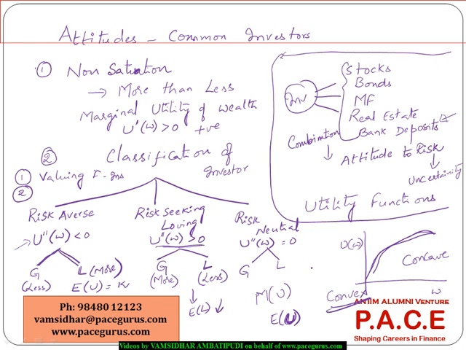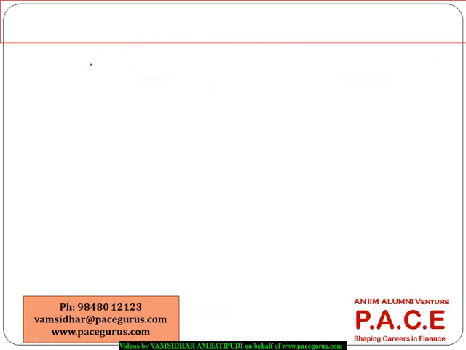So understanding these kinds of common behaviors like non-satiation, and classifying the investor based on his risk appetite or risk attitude, will be one of the most important activities in terms of providing investment suggestions or investment advisory to the different classes of investors.